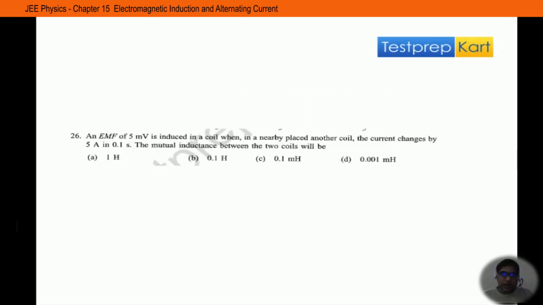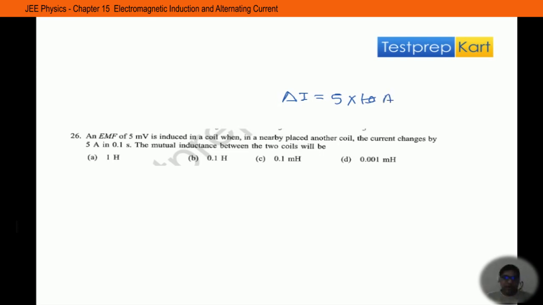Next, question number 26: an EMF of 5 millivolt is induced in a coil when, in a nearby placed coil, the current changes by 5 ampere in 0.1 second. Find the mutual inductance between the two coils. Delta I is given, that is 5 ampere, so no need to change it.